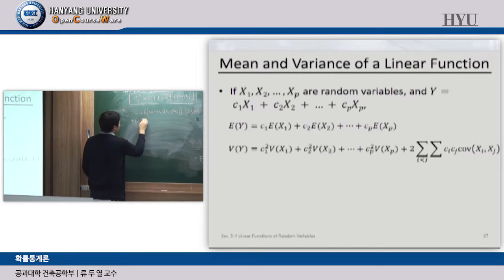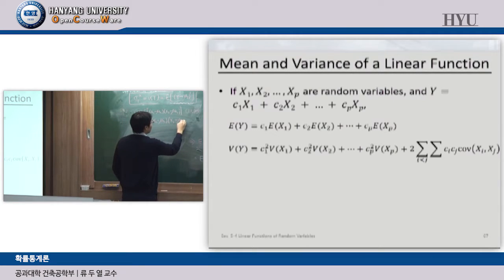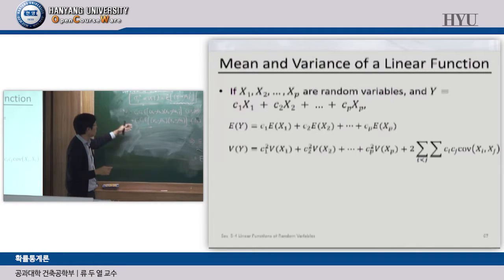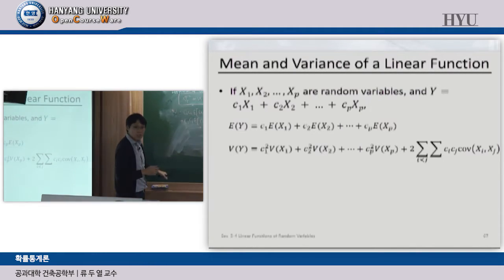And c_2 by c_1 by E[(X_2 minus mu_X2) by (X_1 minus mu_X1)] when i is equal to 2 and j is equal to 1, okay? And we can repeat the same process, right?